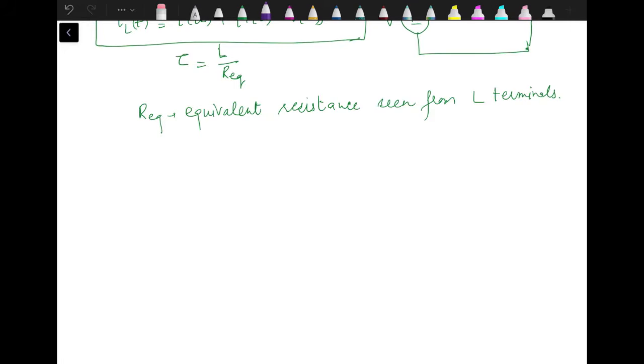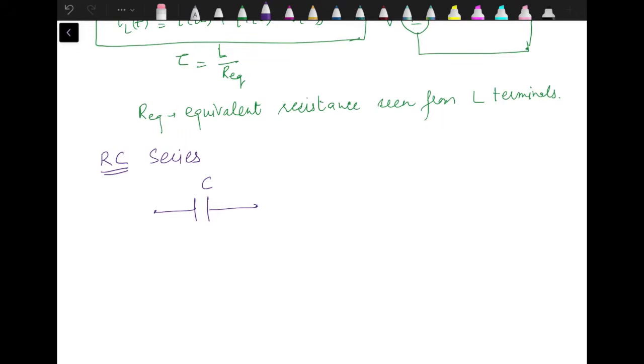Similarly, we can have an RC series circuit. Now for understanding the RC series circuit, we need to understand how the capacitor behaves. If we have a capacitor and we switch on the DC supply across the capacitor, this capacitor has the property that it opposes the instantaneous change in voltage.